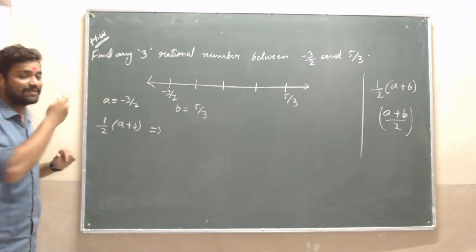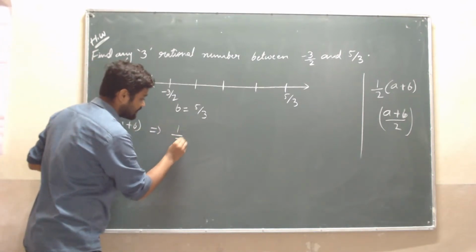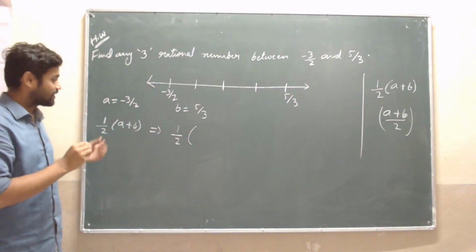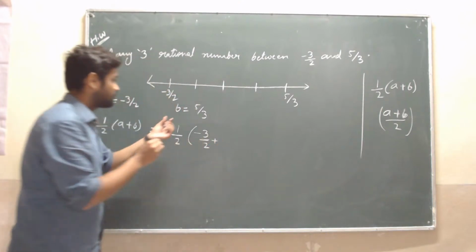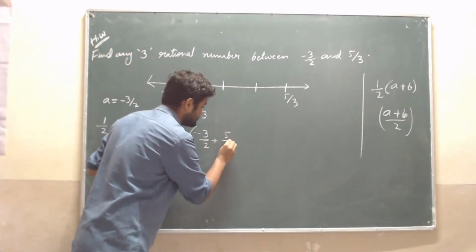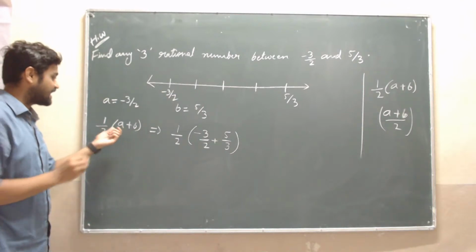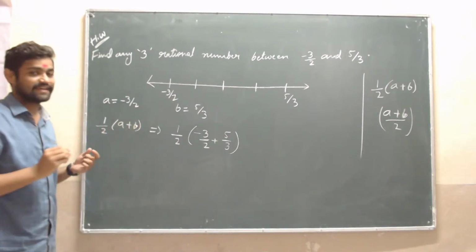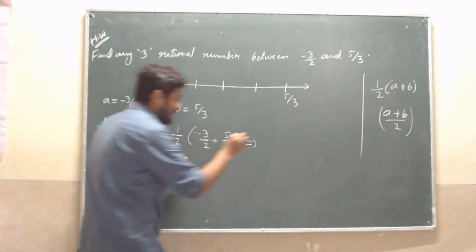Substitute these a and b values in the equation. 1 by 2 as usual, then -3 by 2 is a plus 5 by 3 is b. I have just substituted the values here.